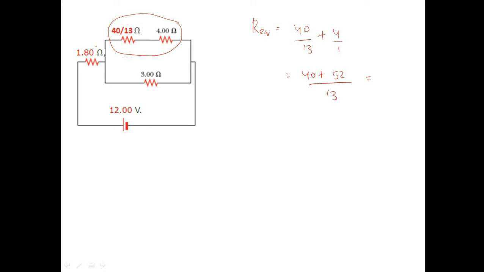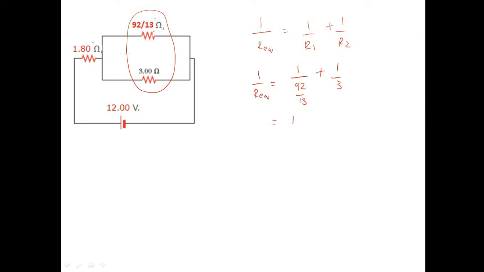So 52 plus 40 is 92/13, and that is the equivalent resistance. So 92/13 ohms is the equivalent resistance. These two resistors can be replaced with a 92/13 ohm resistor, so the circuit becomes something like this. Those two resistors were replaced by a single 92/13 ohm resistor.